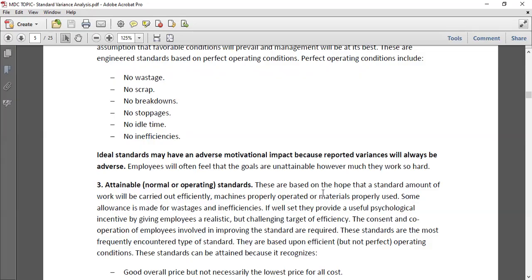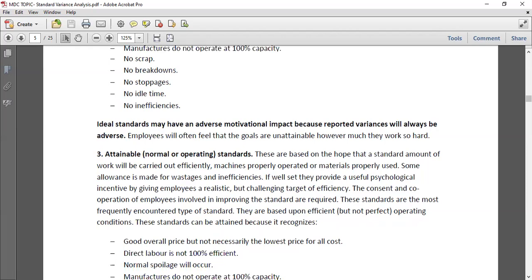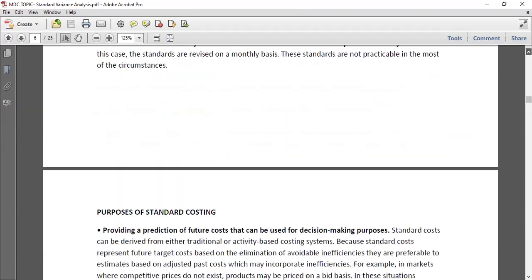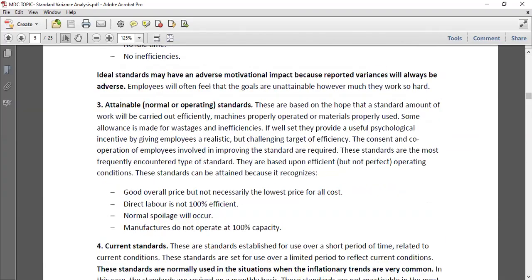Knowing that these attainable standards are basically not perfect. They're not determined through perfect conditions. They take into consideration any changes that may happen in the conditions. So that's very important to understand when it comes to setting these respective standards.